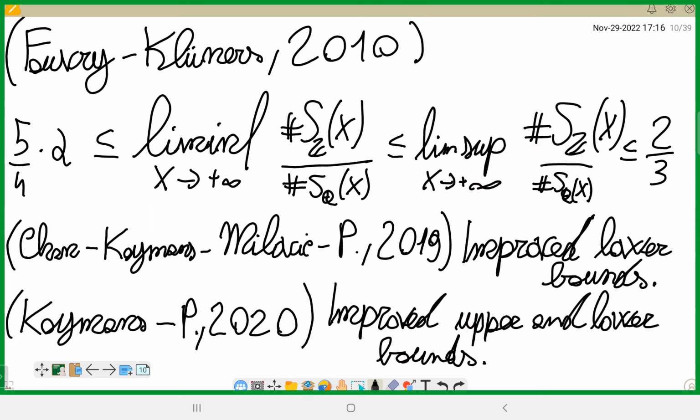And moreover, they not only proved that the lim-inf is bounded away from 0, but they also proved that the lim-sup is strictly smaller than 1. So they got as an upper bound 2/3 for SZX divided by SQX. So within this very easy family of integers d, such that p dividing d forces p to be either 1 or 2 mod 4, basically.